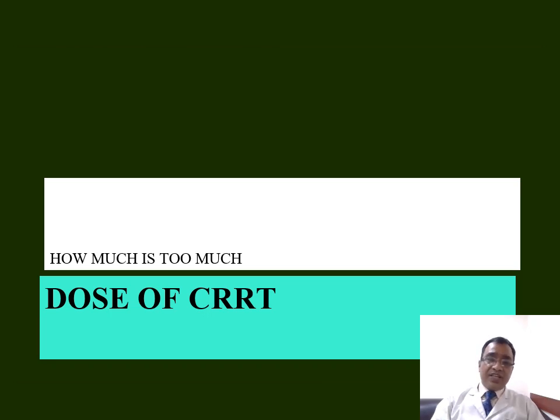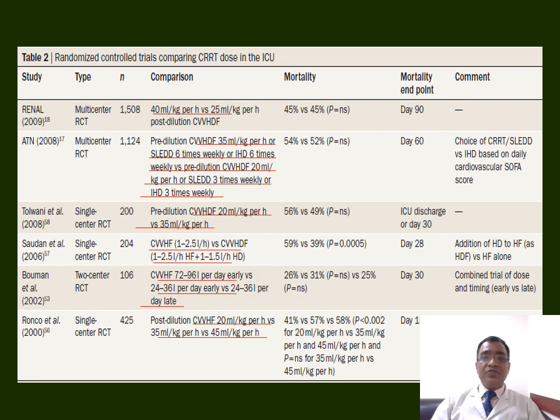Now the dose of CRRT. Whenever we say dose of CRRT, it is applicable to continuous veno-venous hemofiltration only. It is not for dialysis, it is for hemofiltration. How much dose for your filtration, how much replacement fluid is required.